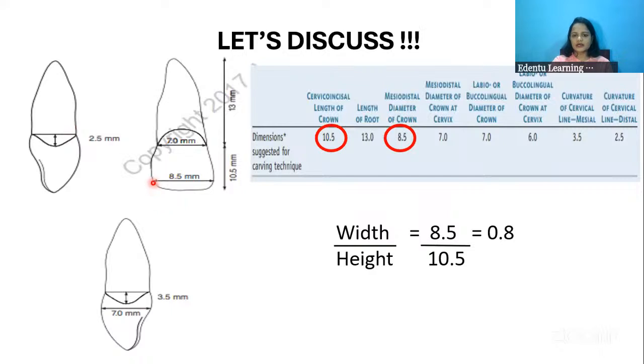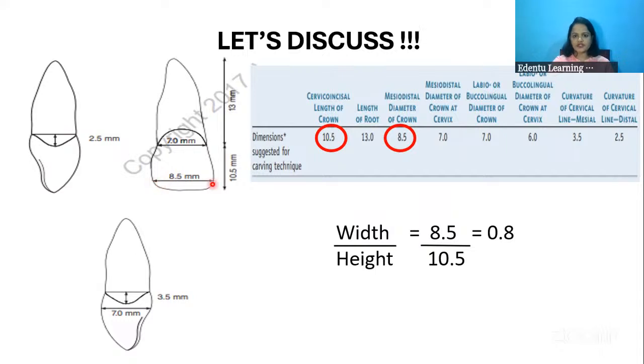This is the mesiodistal diameter of the crown of the central incisor. If you compare the anterior teeth, the central incisors have the largest mesiodistal diameter of the crown. They are broad when compared to all the anterior teeth.